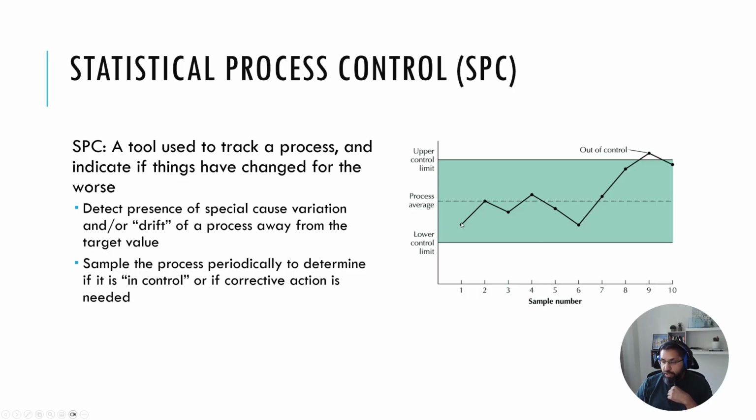And you have these points connected by lines, and the points represent the value observed for that sample, some sample statistic, maybe the mean of the sample. If the sample statistic falls outside the control limits, then you say the process is out of control. You need to investigate that, verify it's out of control, find the problem, and then resolve it.